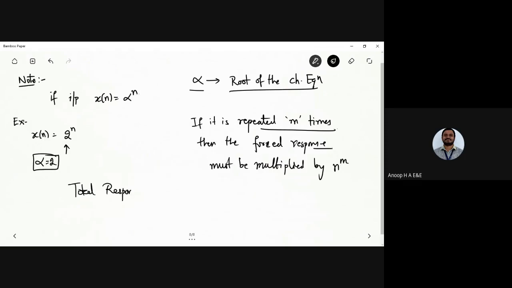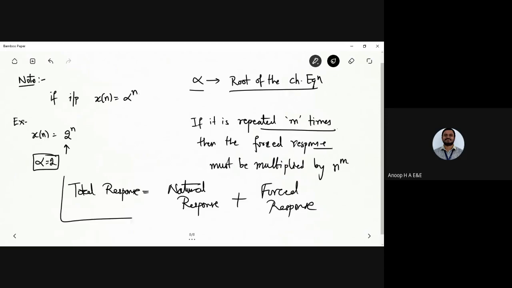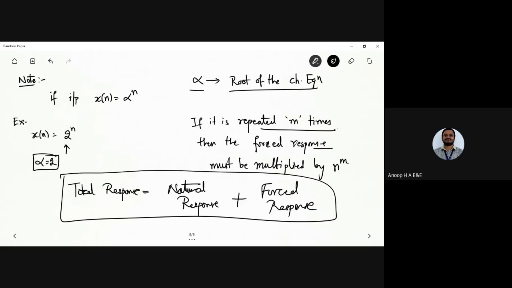Okay, as I already told you, the total response will be equal to natural response plus forced response. The total response of the system will be equal to natural response plus forced response. And the constants, whatever that is there, can be evaluated by taking the initial conditions into picture.